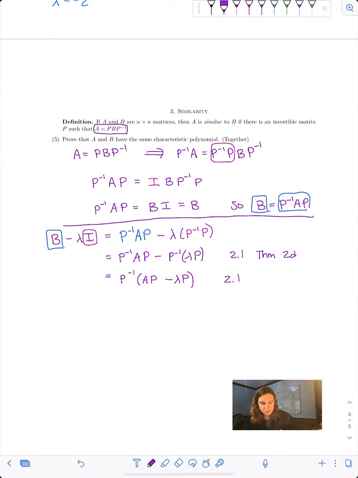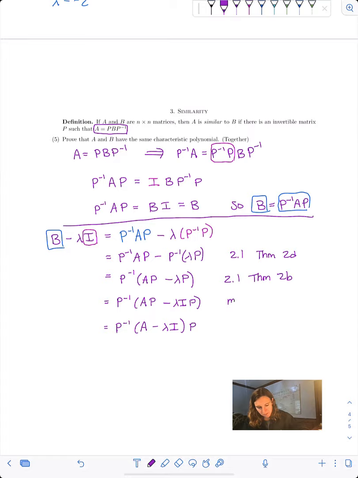This is the associativity property of matrix multiplication. Then we're going to try to factor out that P, but we need this lambda I again. And so let's go ahead and stick an I in just like we've been doing. And so finally, then we can factor out.